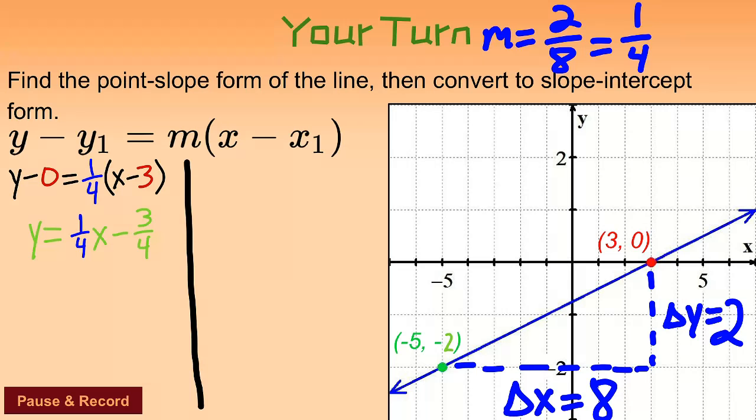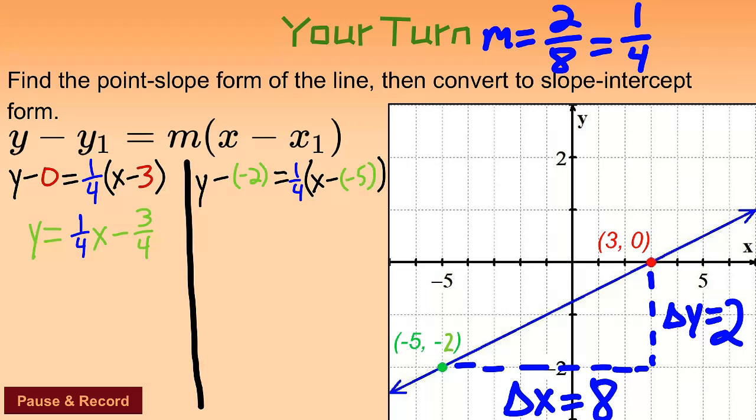Now, when we are writing it in point-slope form, I used green there. I screwed up the colors on that. I apologize. I'm having a hard time with colors this morning, not doing what I want them to do. So the y value on the green point is -2, so y minus -2 is equal to the slope, which is 1/4, times the quantity x minus, and the x value is -5.